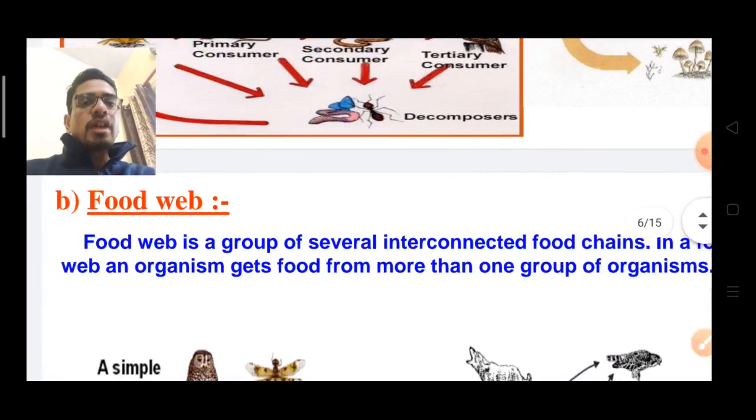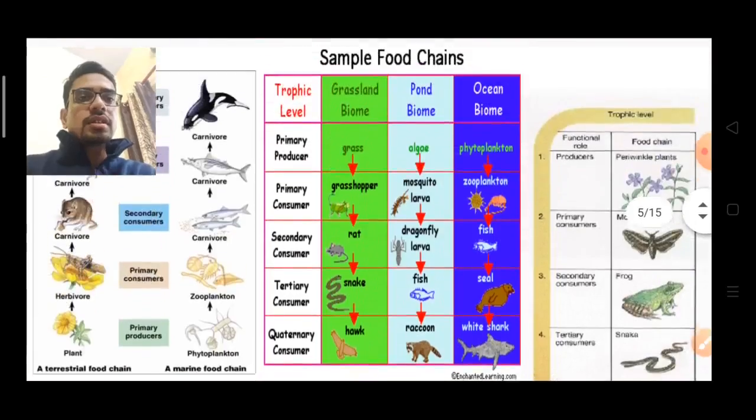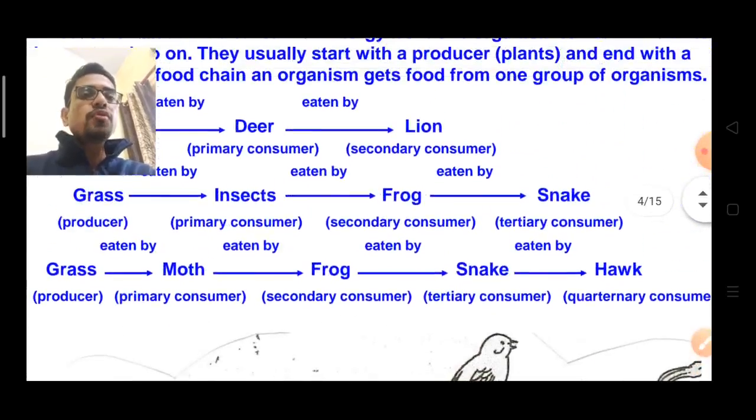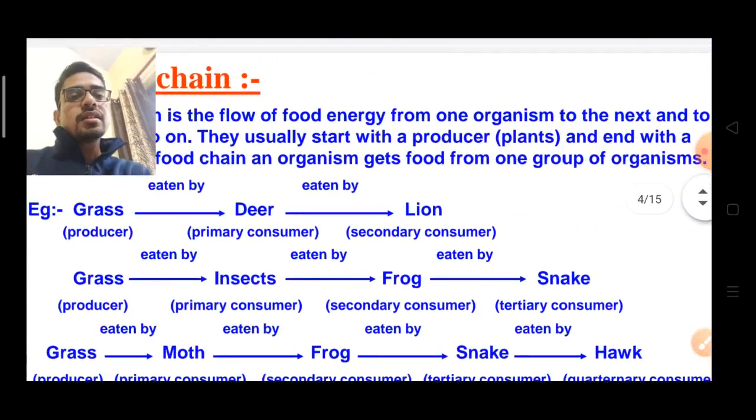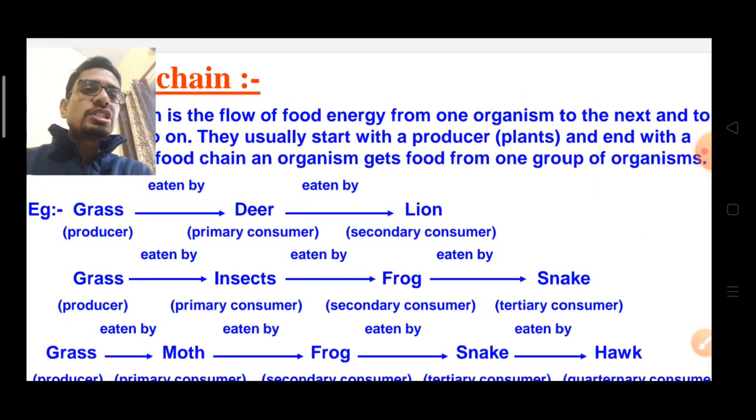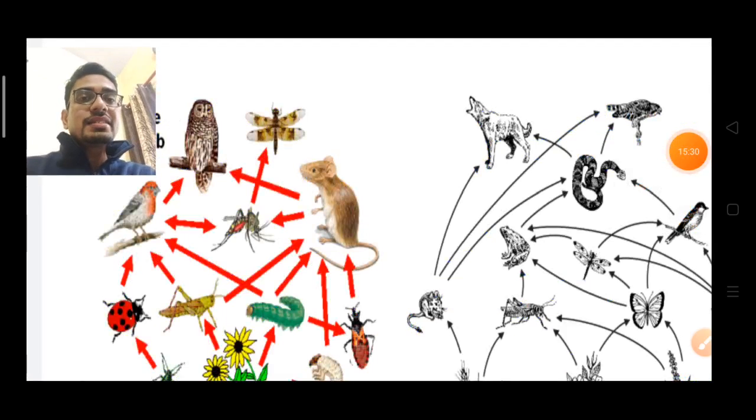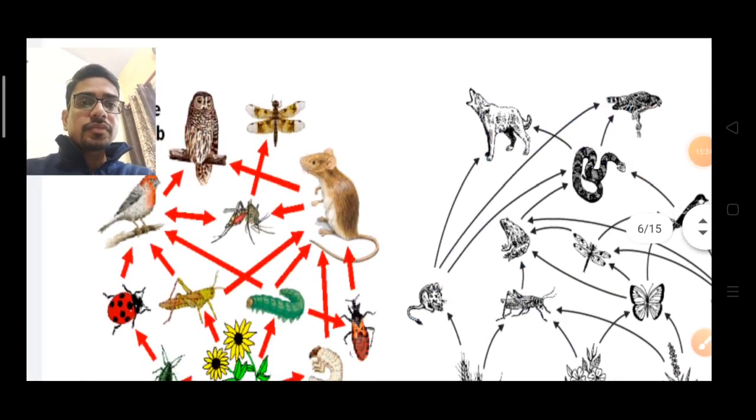So what is a food web? It is not necessary that an organism in one food chain will stay only in that food chain. That organism may be eaten by another organism of another food chain, like insects can be eaten by birds or rats.